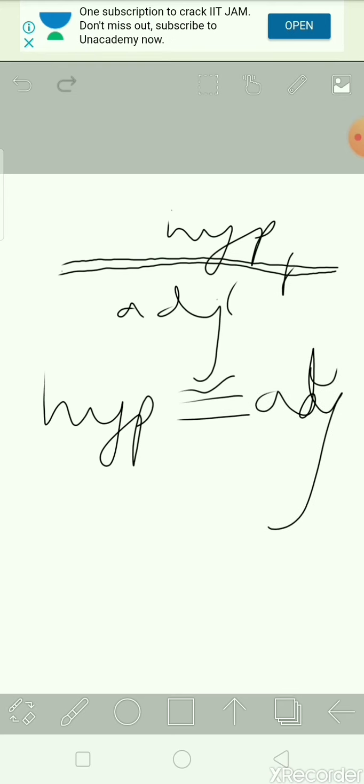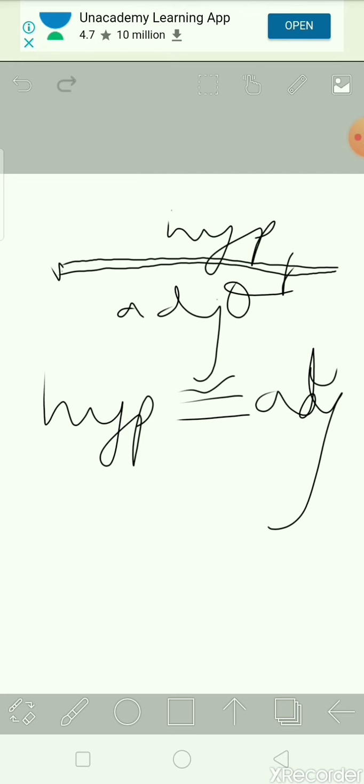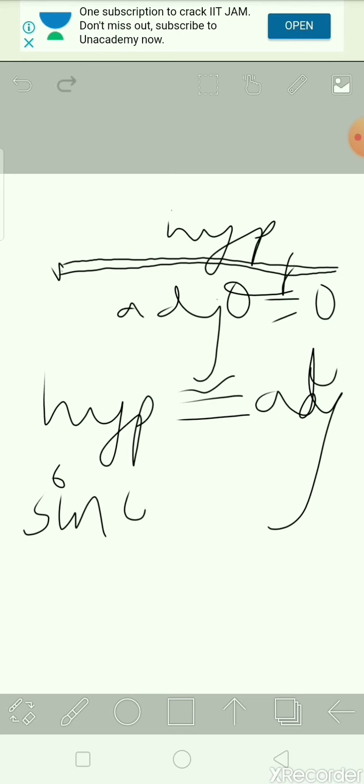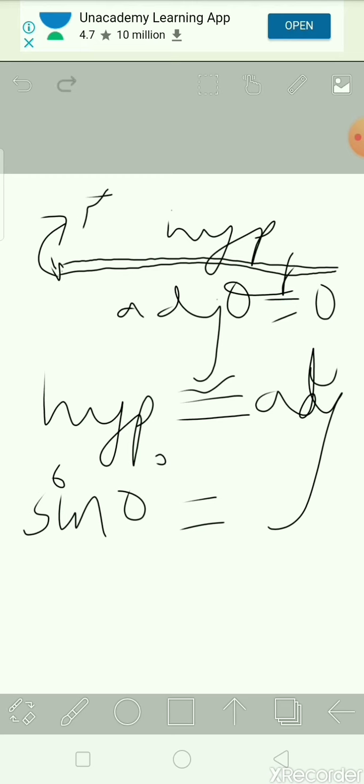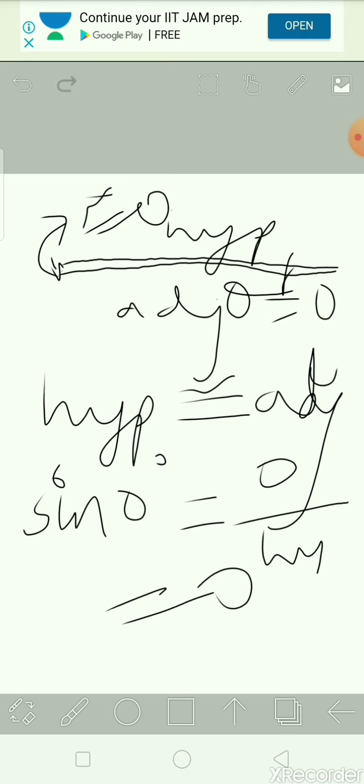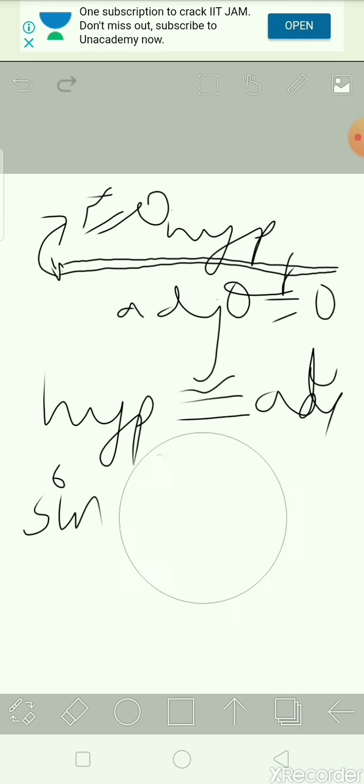So from here what we get is sin theta, that is sin 0 degrees, is 0 by hypotenuse, that is 0, and we get sin theta as 0. Similarly, cos theta is 1 and tan theta is 0.